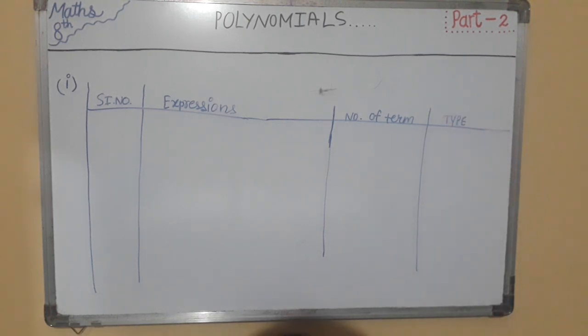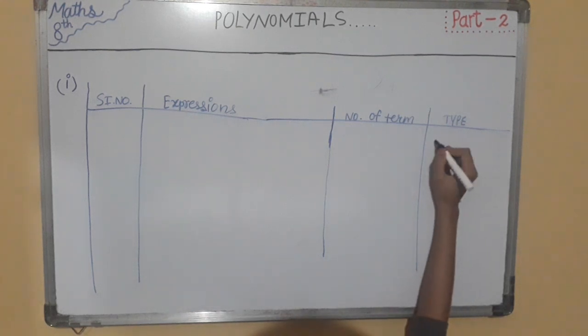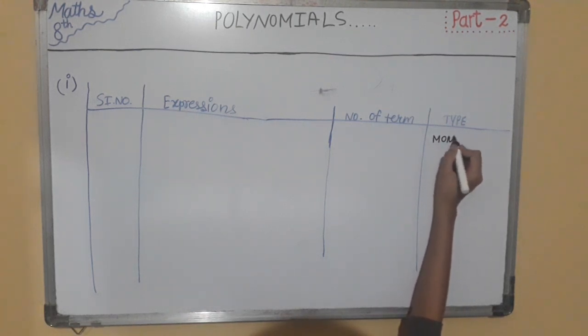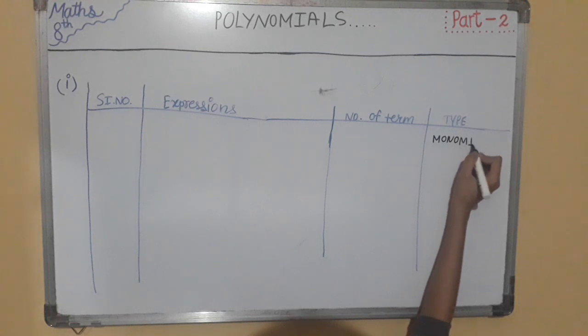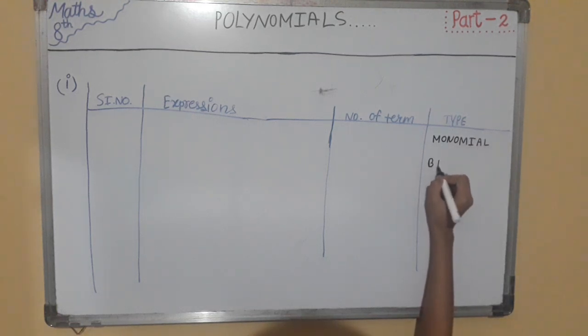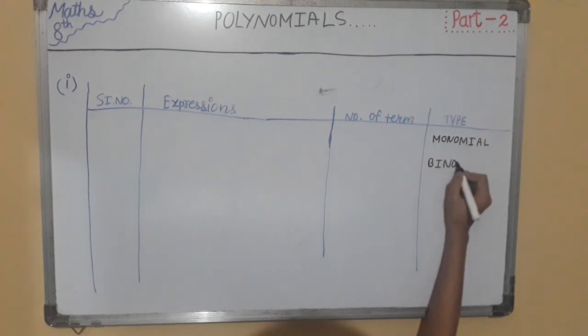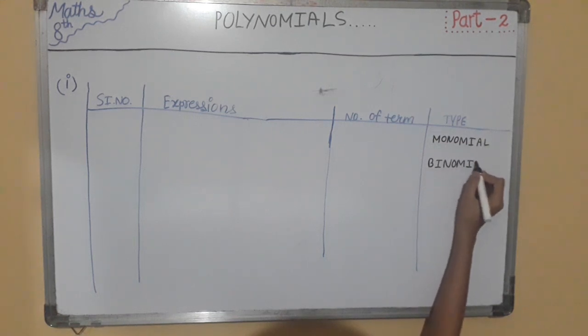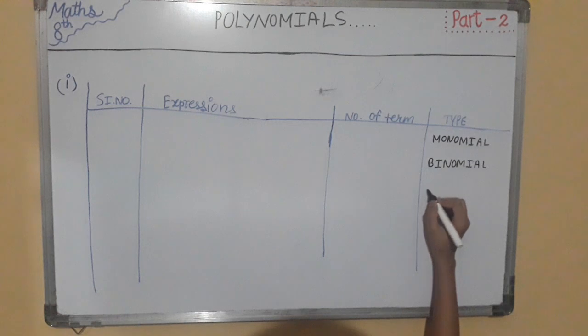So the first type is monomial. Binomial is second. Third is trinomial.